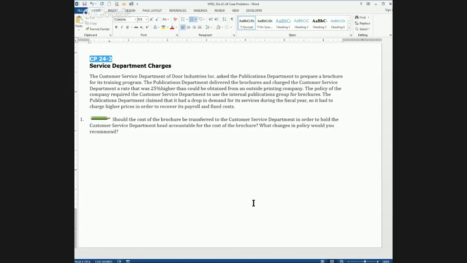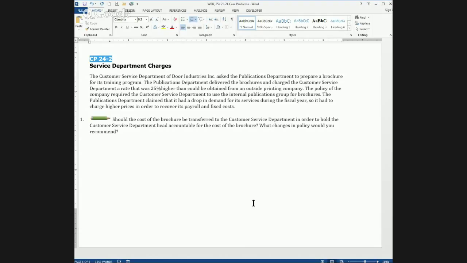And the service department asked the publications department to prepare a brochure for its training program. So Door Industries is training new technicians to go out, install these doors, and satisfy customer repair needs.